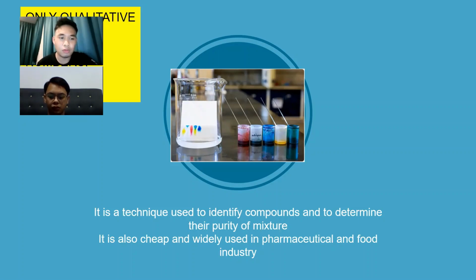We need to know what this particular compound is, what its polarity is, and what it can be used to separate. It can be used to separate many different mixtures, which means to identify the compounds in a particular mixture. It is also widely used in the pharmaceutical and food industry.